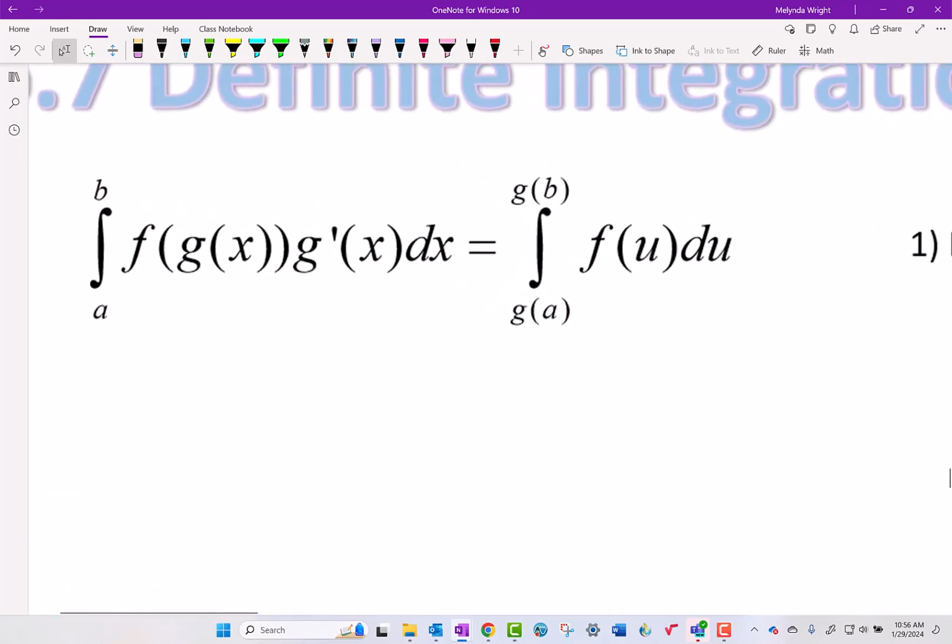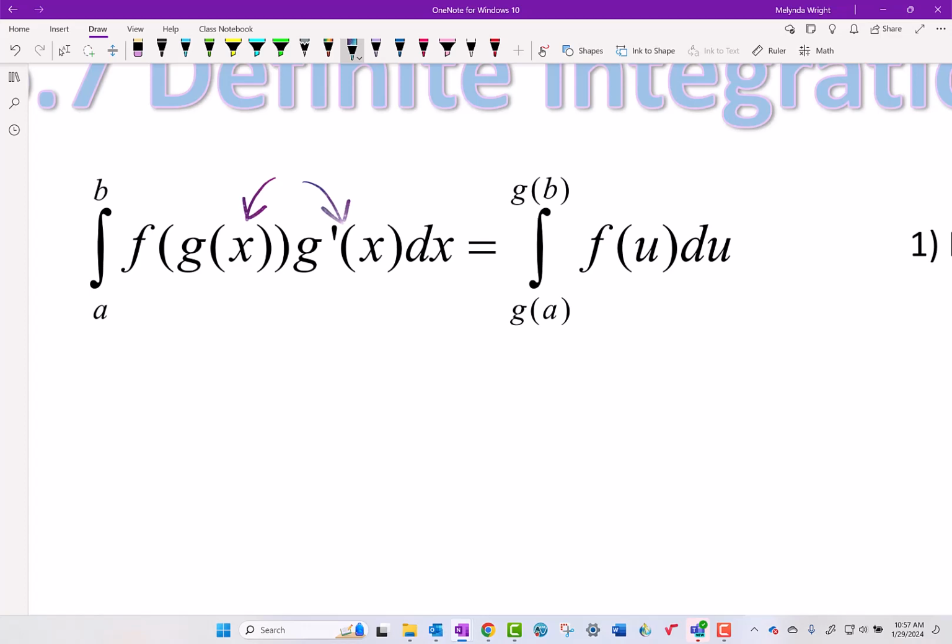So we're still looking for this kind of scenario right here, where we have a composite function, where g of x is inside of f of x, and the derivative of g of x is there. It exists there.